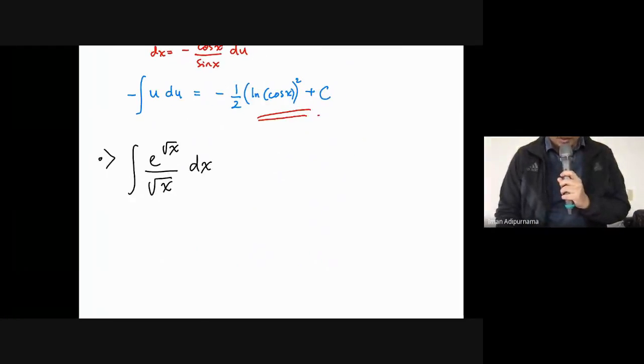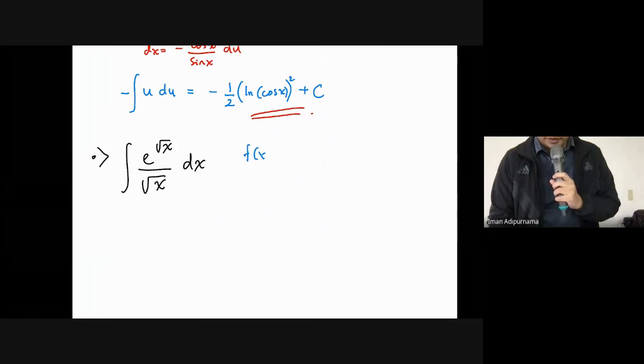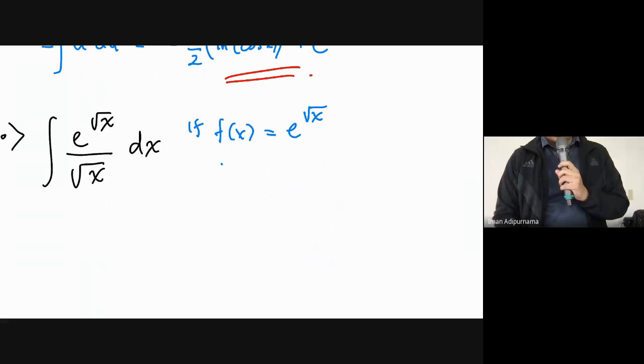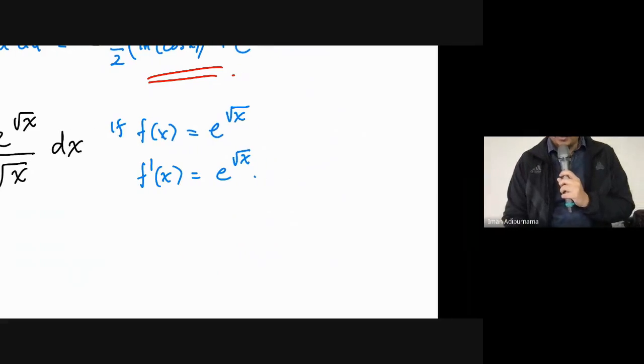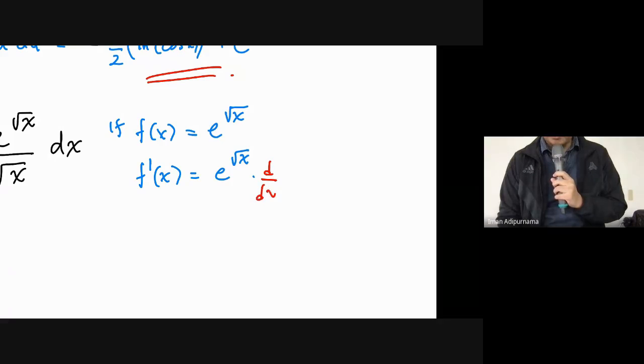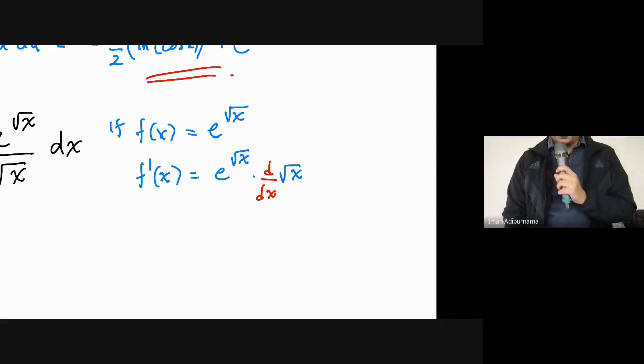So, for example, if f of x is e to the square root of x, the first derivative will be e to the square root of x multiplied by, let me write the complete steps, the chain rule, so it becomes e to the square root of x times 1 over 2 square root of x.